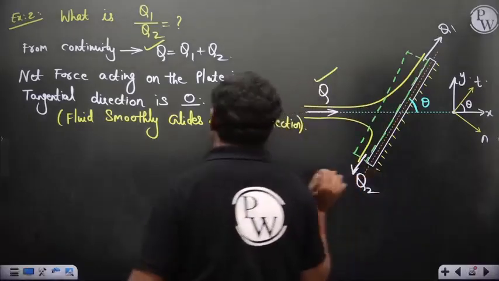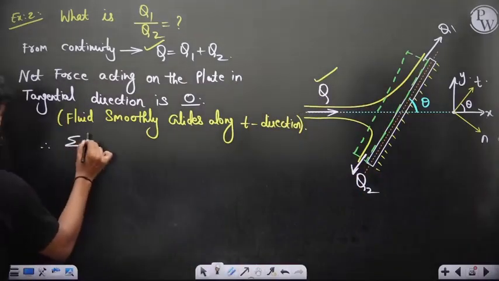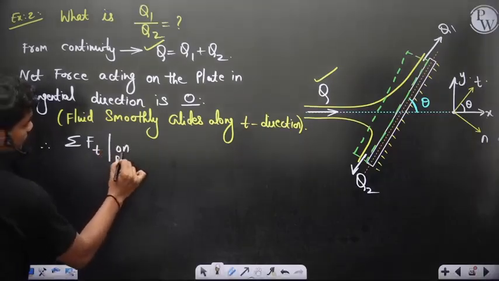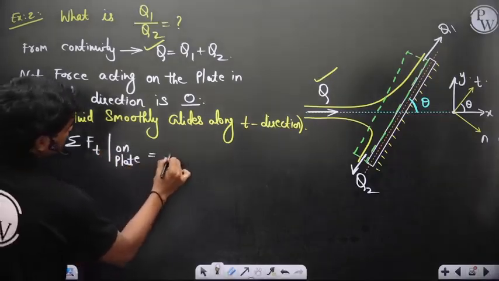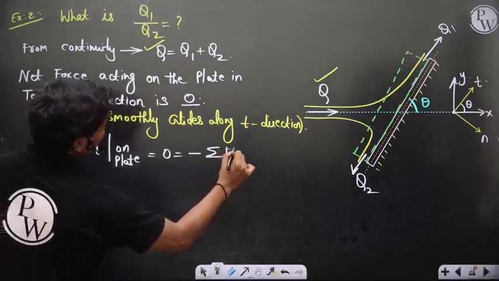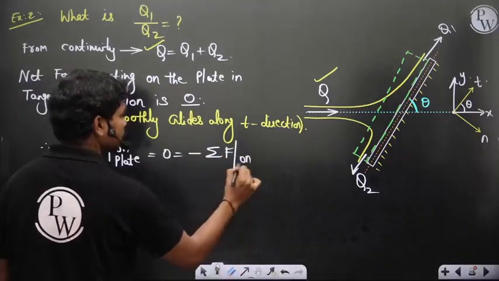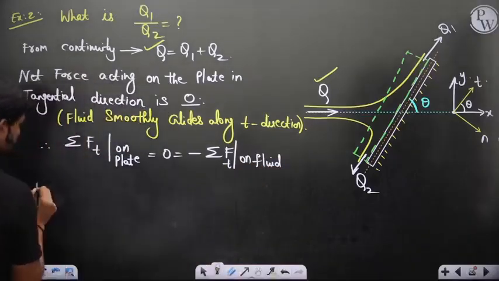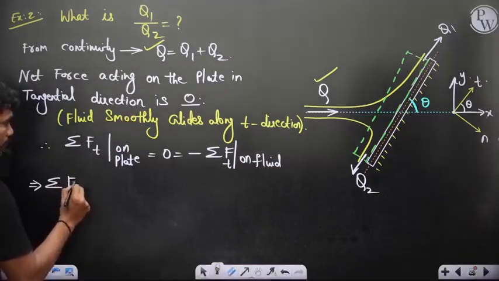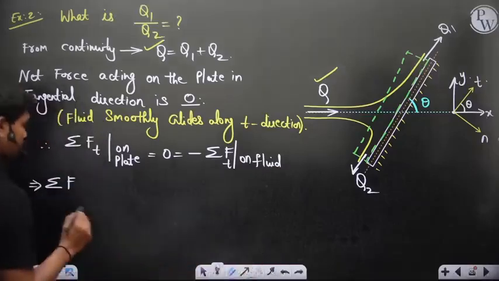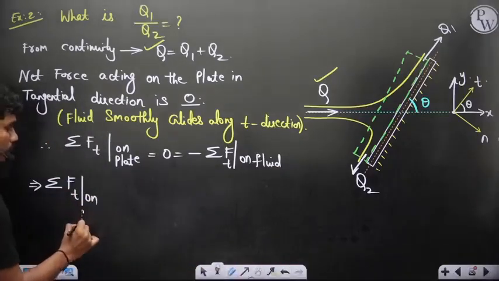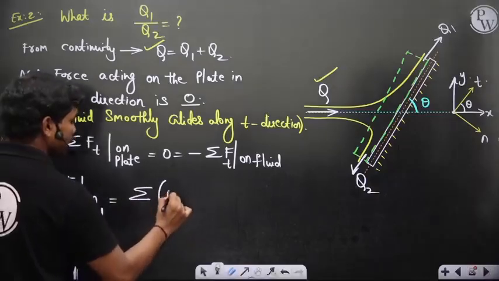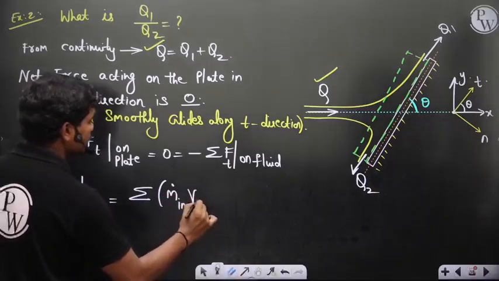So let us do the same thing. Therefore, sigma F_t on the plate is equal to 0. This implies minus sigma F on the fluid in the tangential direction is also 0, obviously. So let us look at the tangential fluid, which is of course the same as summation m dot in V in.